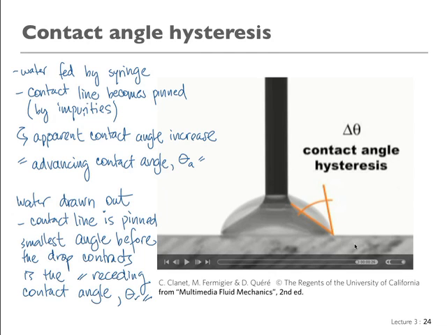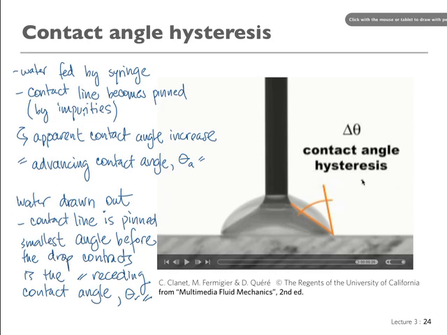And in the end of this drawing, what you have is they've captured the image of the drop at the maximum contact angle while the drop was growing out, and then the minimum contact angle when the drop was receding. And they've shown a difference. And that is what's called the contact angle hysteresis.